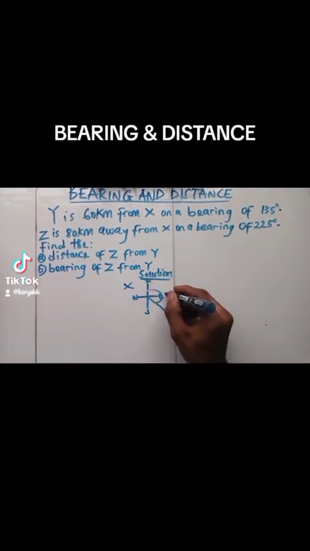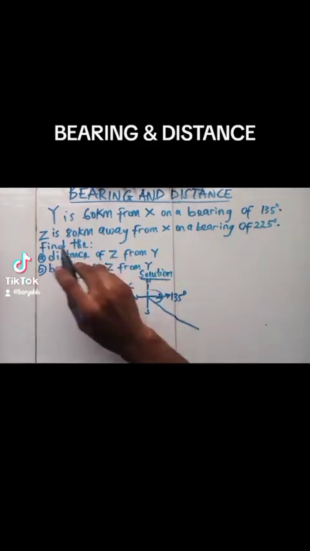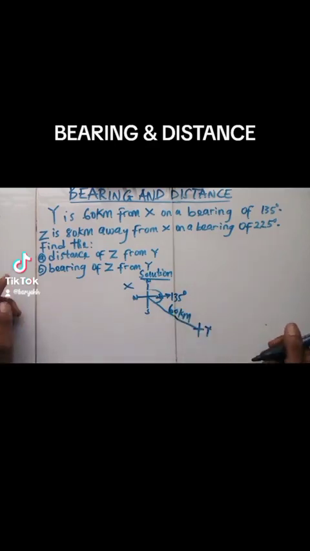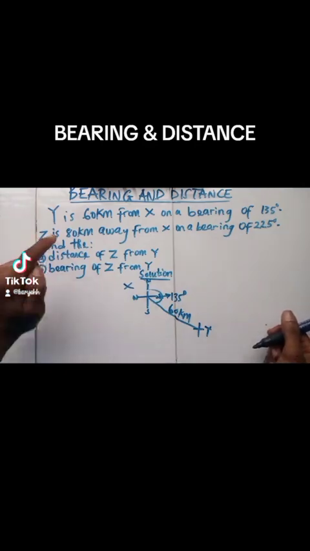So this bearing here is 135 degrees, and that is Y. So I have my Y at this position, which is 60 kilometers away from this X.